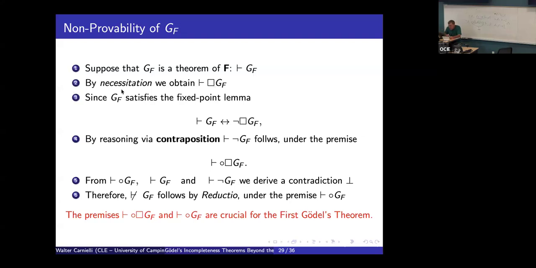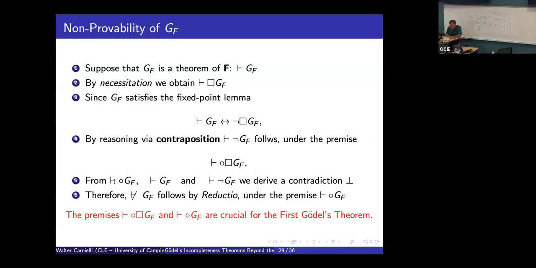Since G_F satisfies the fixed point lemma, G_F is equivalent to not box G_F. Now, by reductio, via contraposition. Contraposition is not valid in general, but under the premise that the provability of G is well behaved, that the proof of the consistency of G holds, then I can apply contraposition.